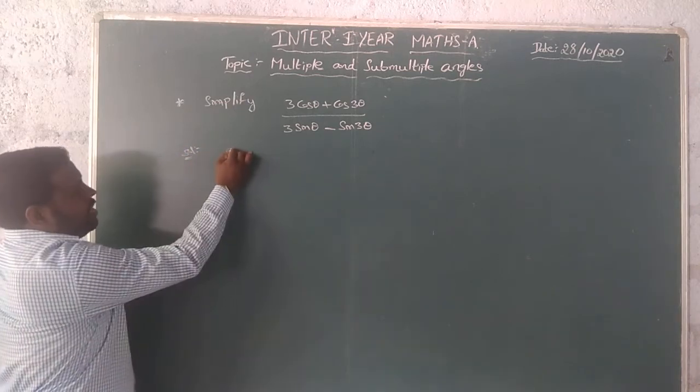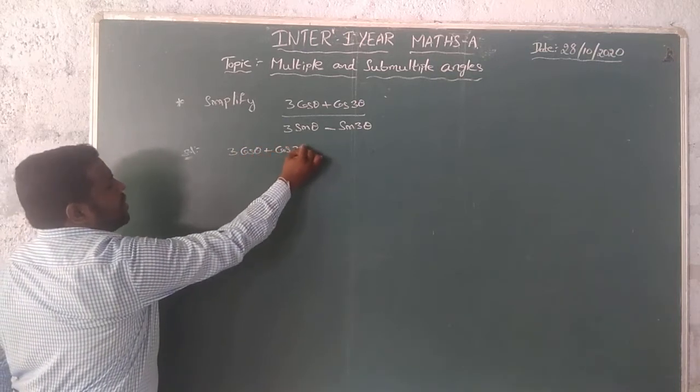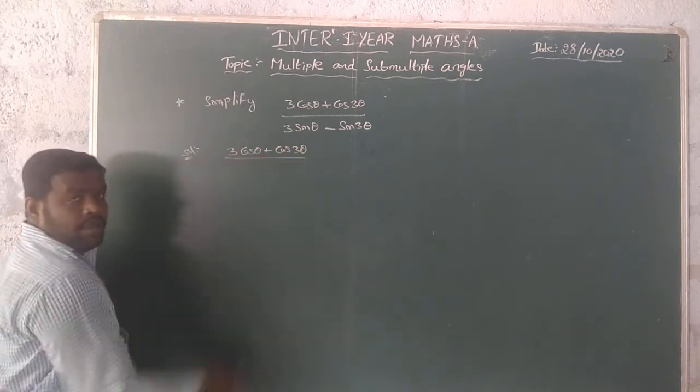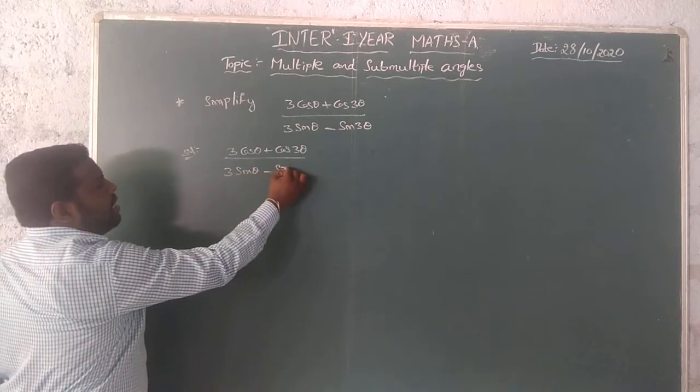Listen here. 3 cos theta plus cos 3 theta by 3 sin theta minus sin 3 theta.